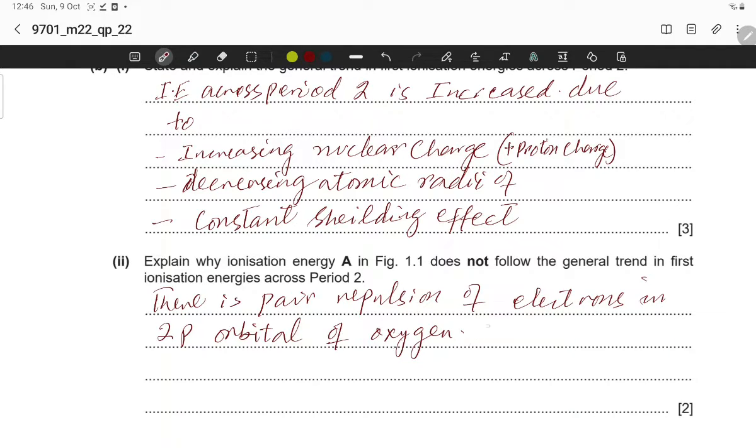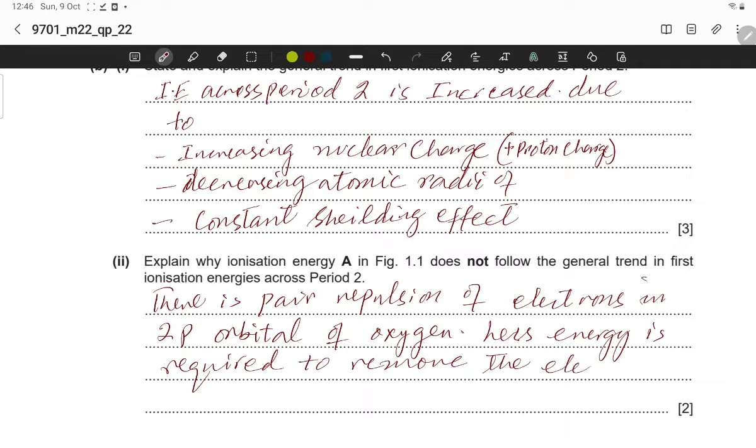So when there is pair repulsion, less energy is required to remove the electrons, hence oxygen does not follow the general trend.